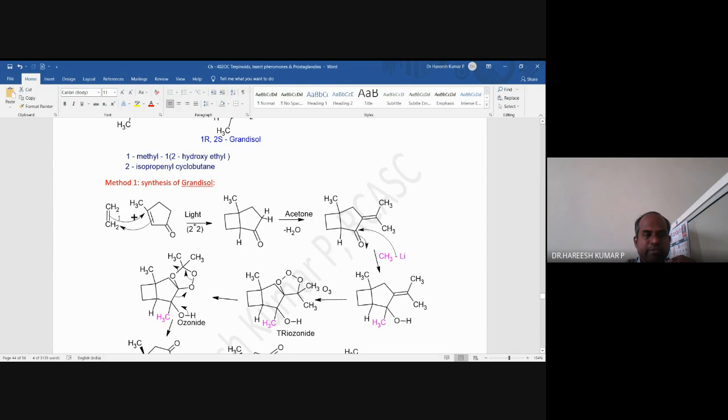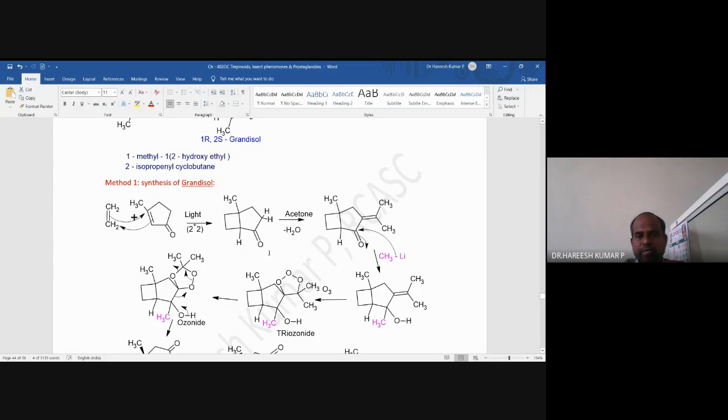That means there will be new bond formation between this carbon and this carbon, and this carbon and this carbon, so a bicyclic compound is obtained. I think you are aware of photochemical reactions as well as pericyclic reactions. This is the photochemical 2+2 cycloaddition.